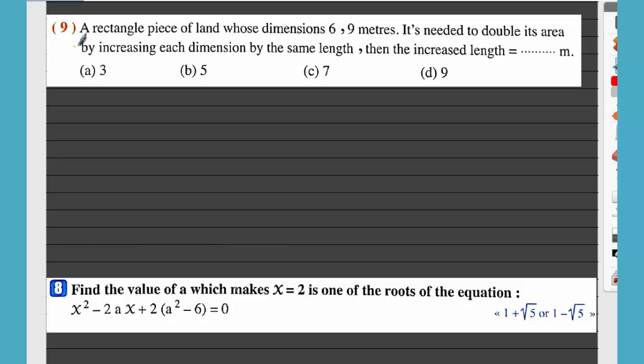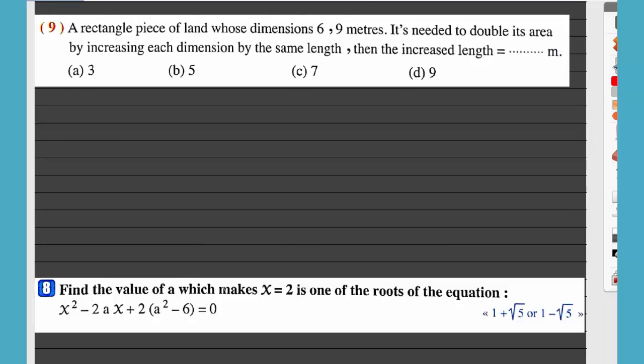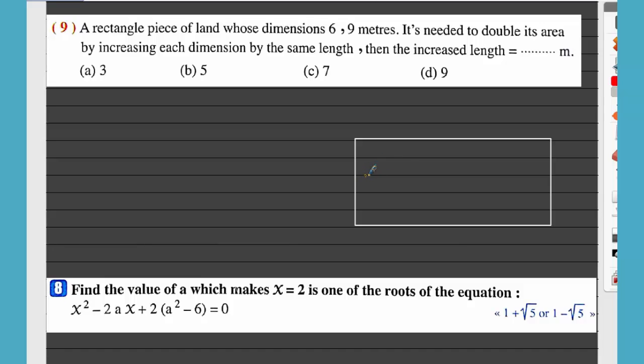Question number 9. A rectangular piece of land whose dimensions are 6 and 9 meters. Here we have a piece of land in the form of a rectangle, and the two dimensions are 6 and 9.